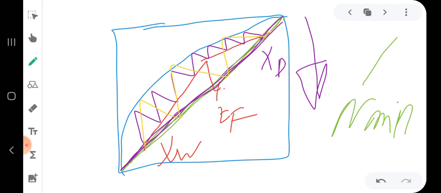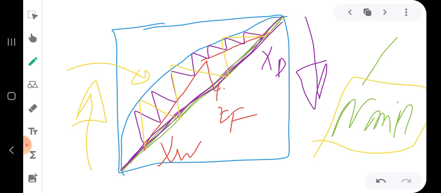And as you move this operating line up, as you see in the purple stages, you're going to get too many stages because you hit this equilibrium curve a lot and a lot. This is the concept of determining the minimum number of stages.